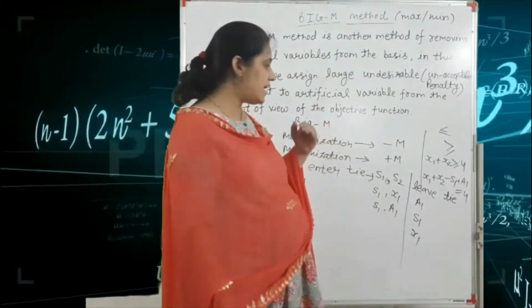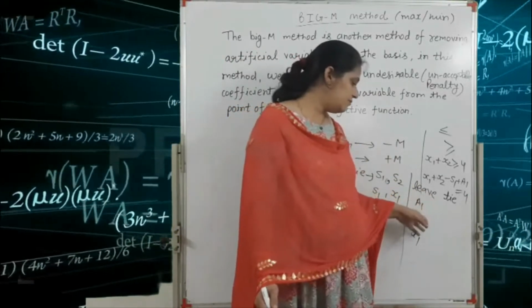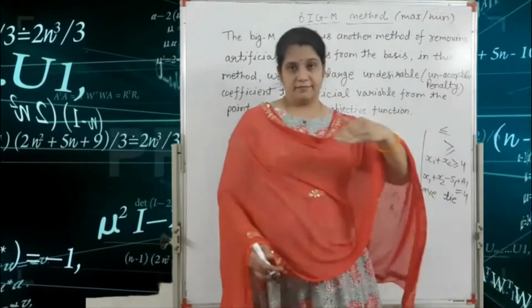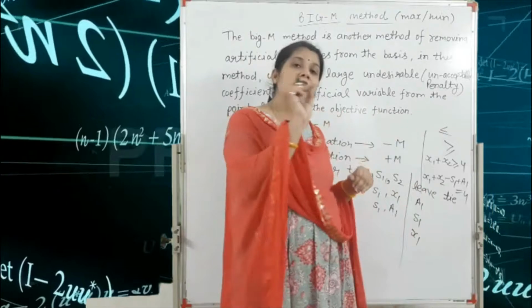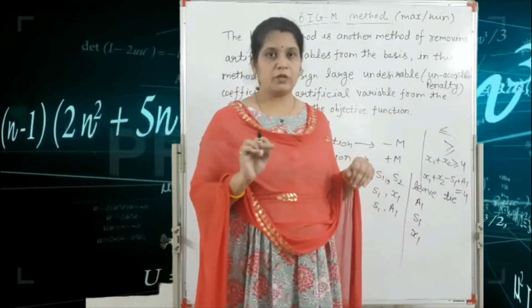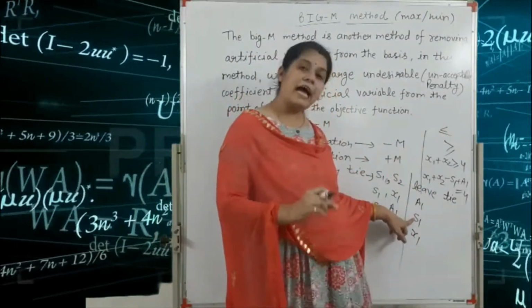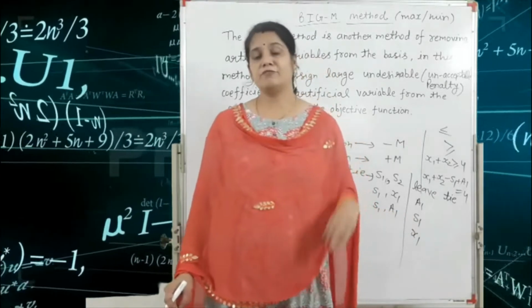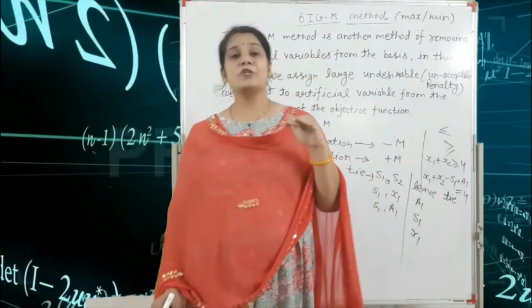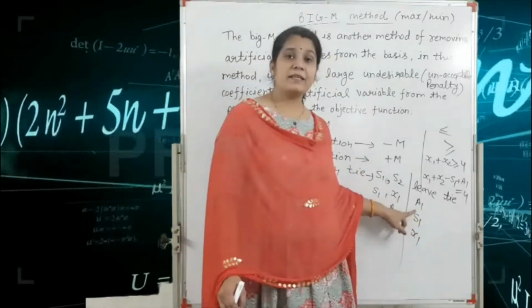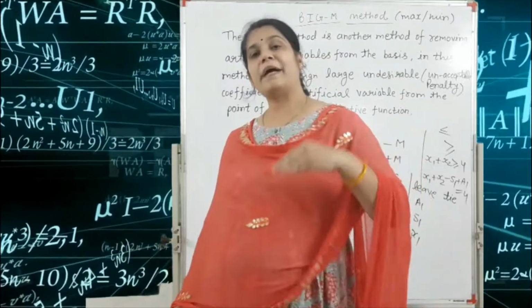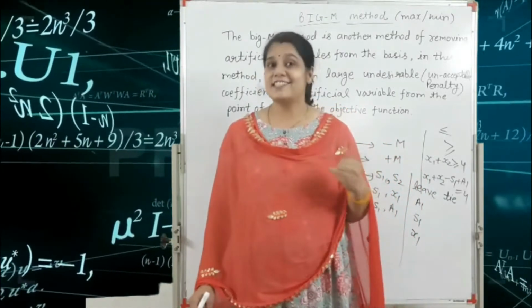That means if there is a tie between an artificial variable and a basic variable for the leaving variable, you leave the artificial variable. If there is a tie between a basic variable and a decision variable for leaving, you leave the basic variable, not the decision variable, because our answer depends only on the decision variable.